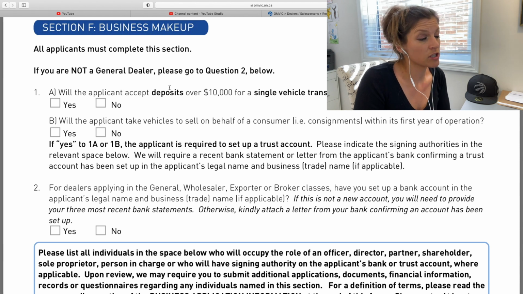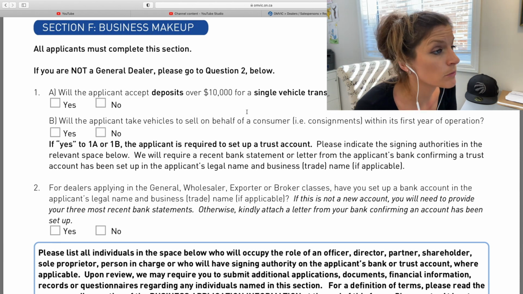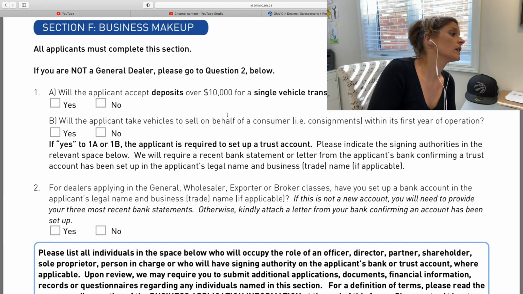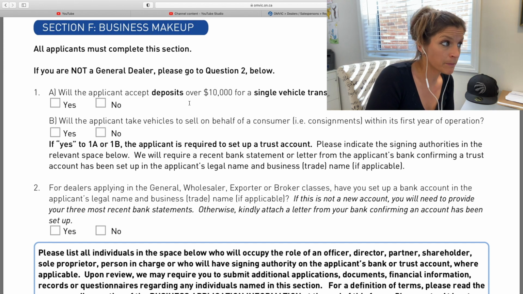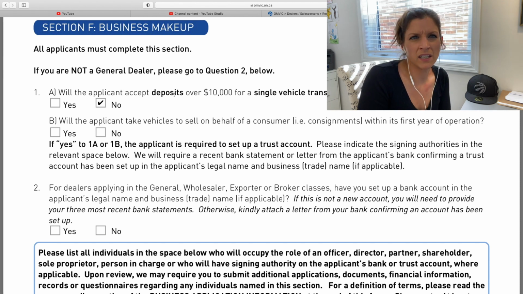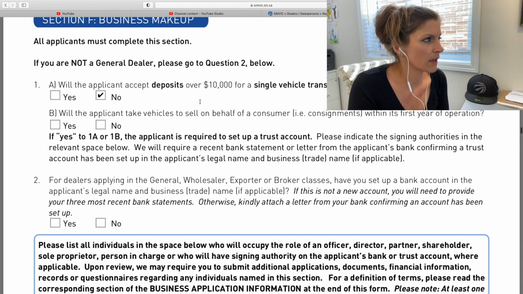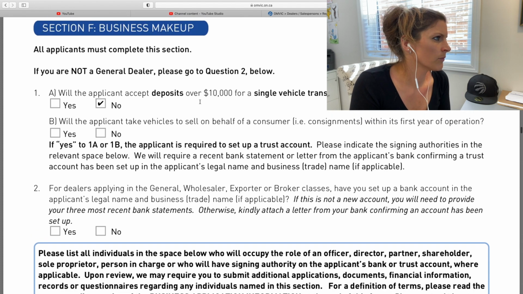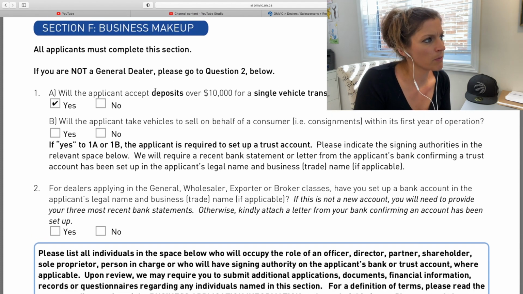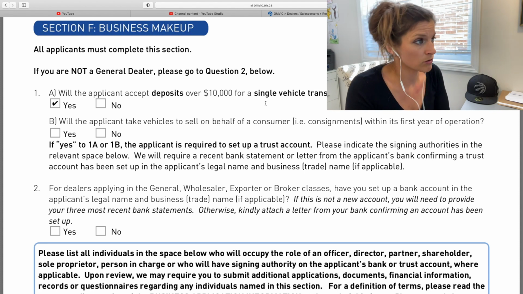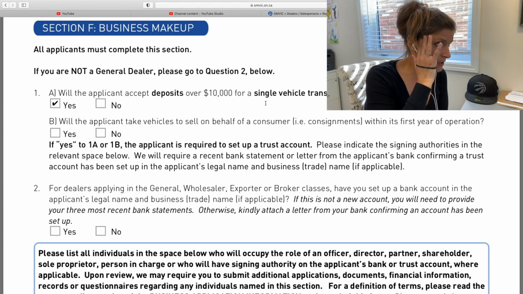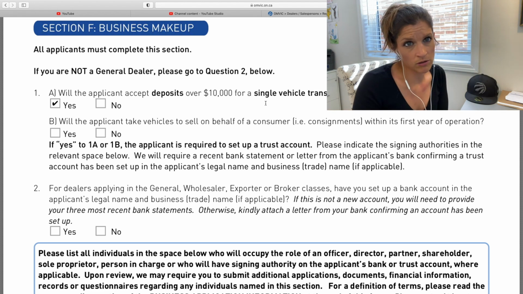Will the applicant accept deposits over $10,000 for a single vehicle transaction prior to delivery? Yes or no. Unless you're selling Lamborghinis or high-end cars, generally if you're just starting out, you don't need to accept that much of a deposit, so you can hit no. But if the answer were yes, keep in mind, and you should know this from your OMVIC certification course, that you would have to open a trust account so the deposit can be held in trust.